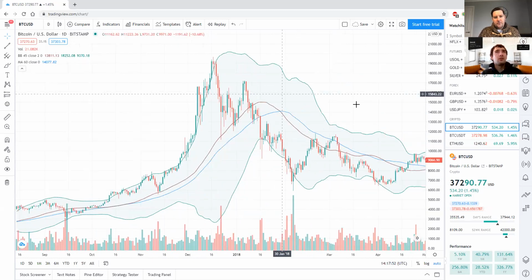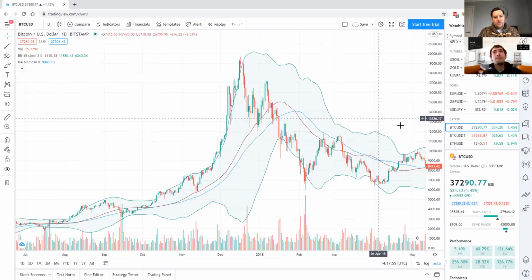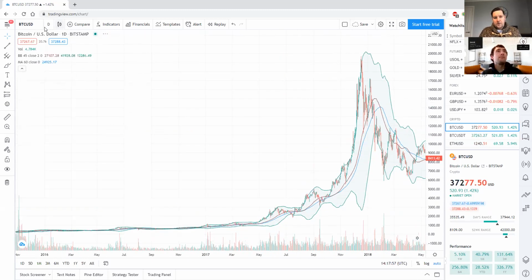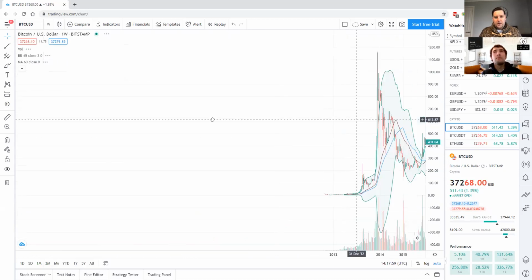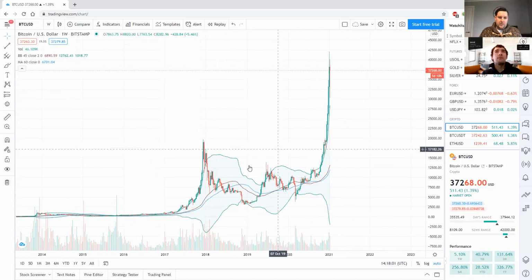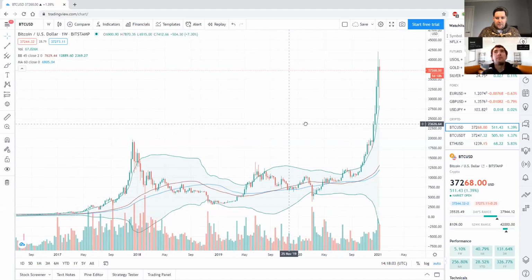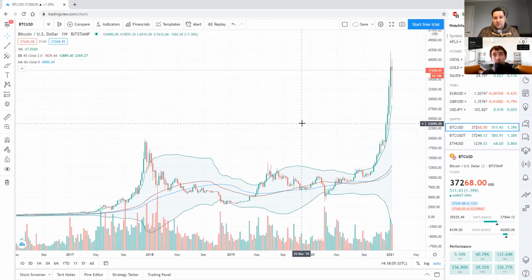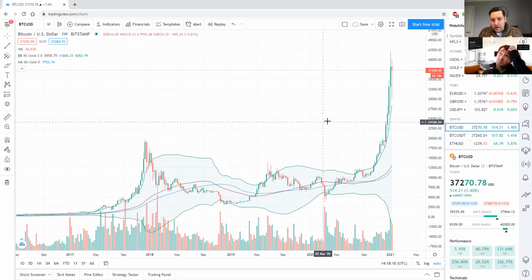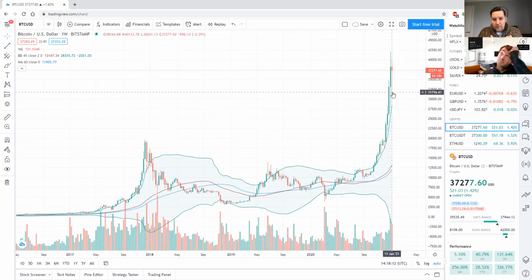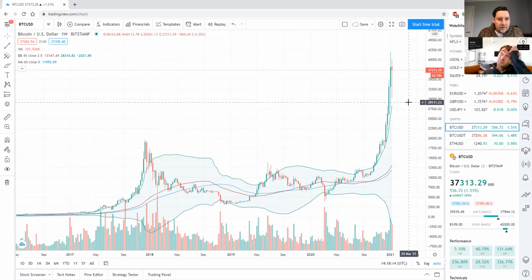But real investors now, they're not interested in buying into it. There's no value in buying into it at the moment, not until it comes back down. So all you can do is watch it. Look at that last wick and the movement on that. 40,000 to 30,000.